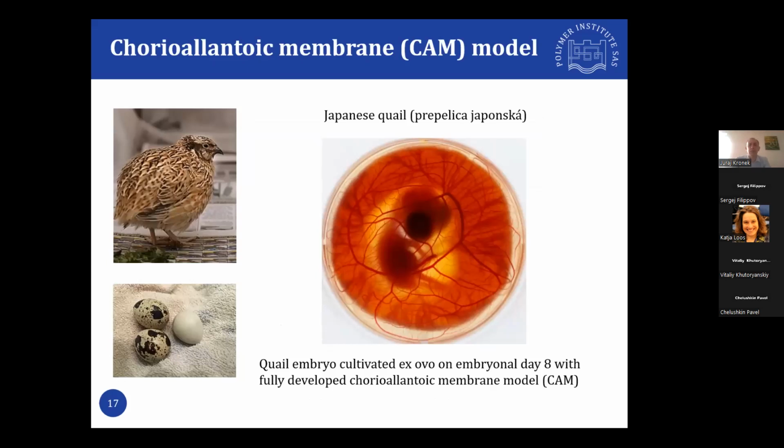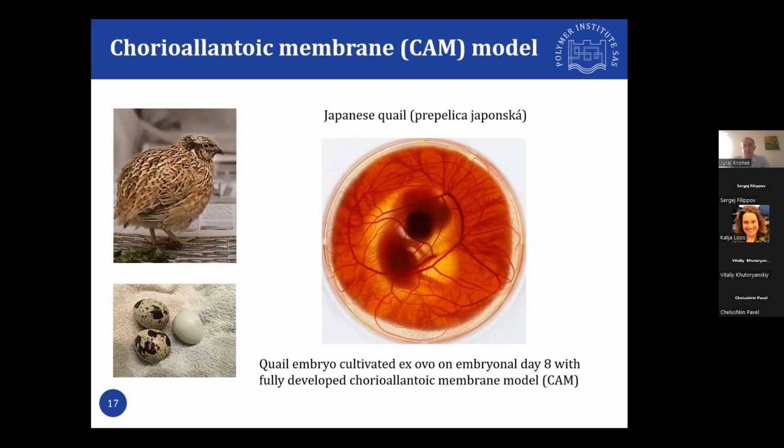For a more detailed study of in vivo behavior of our copolymer formulations, our nanoparticles, we used the chorioallantoic membrane model from Japanese quail embryos, and it is now a very popular and efficient animal model to provide very fast and robust information about the behavior of your polymeric materials in in vivo conditions.